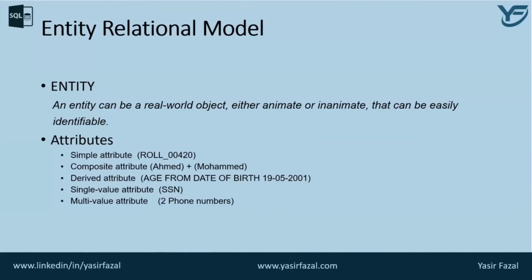In the next blog, I'm going to discuss relationships. We have already discussed relationships in another video, but I will repeat that again. I hope that you have got the idea of the entity relational model.